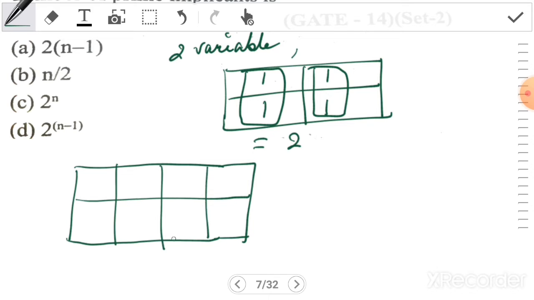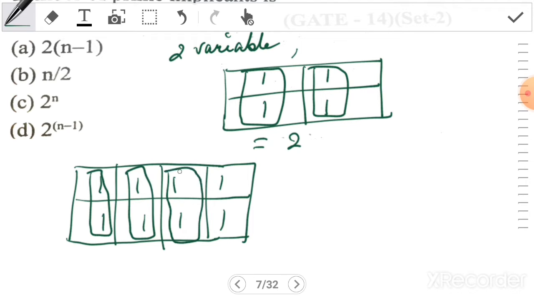Assume that each cell has 1, and you get the maximum number of prime implicants by combining the least number of cells, which is 2 again. So there are 4 prime implicants here.